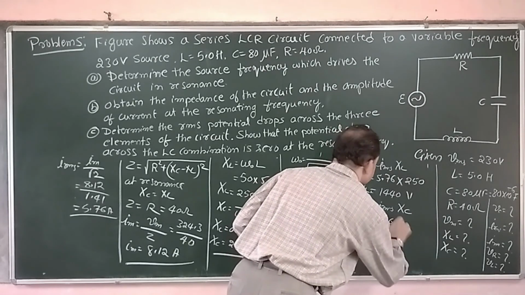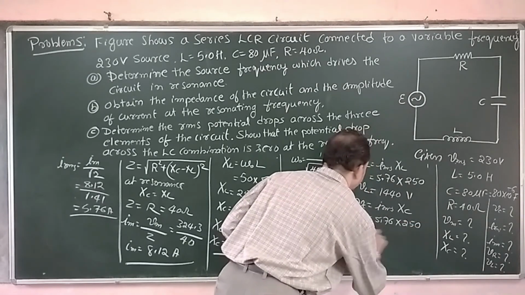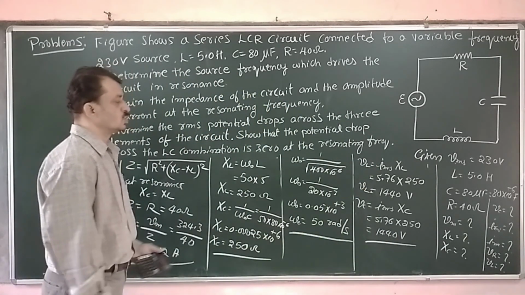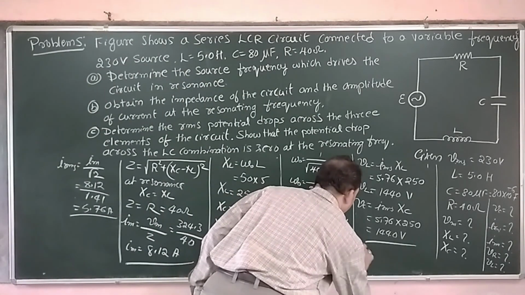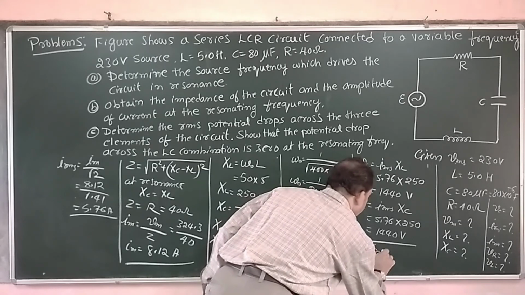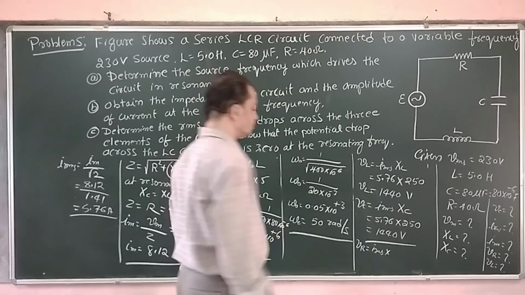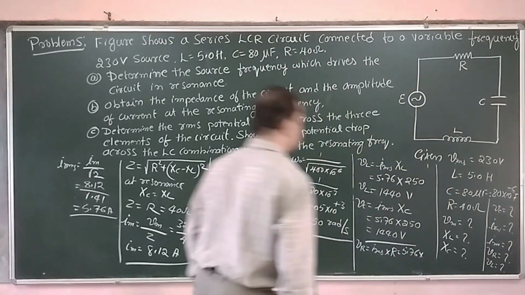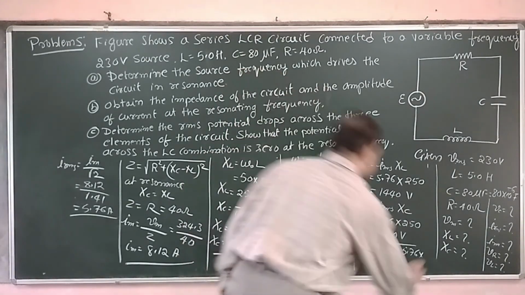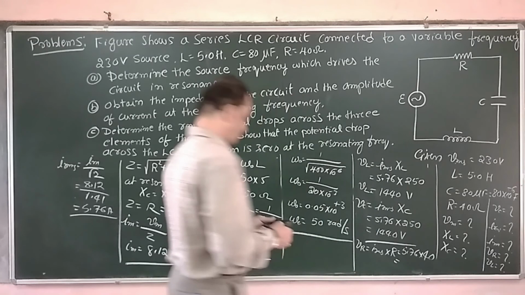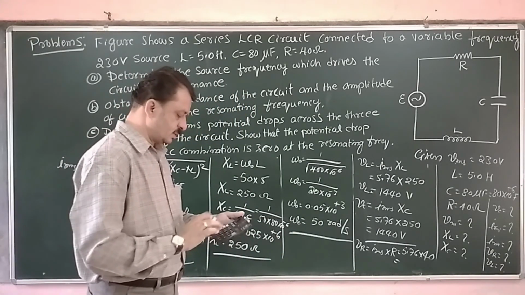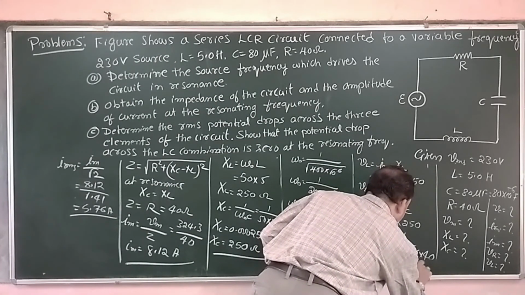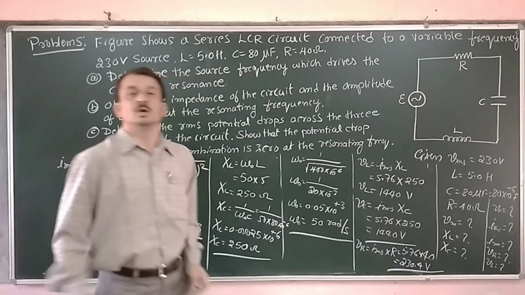IRMS is 5.76. XC is also 250. That is 1440 volts. And VR, voltage across the resistor, is IRMS into R. IRMS is 5.76 into resistor is 40. 5.76 into 40 is equal to 230.4 volts.